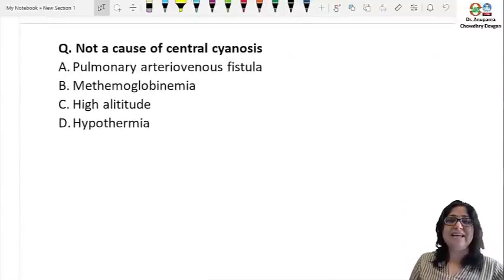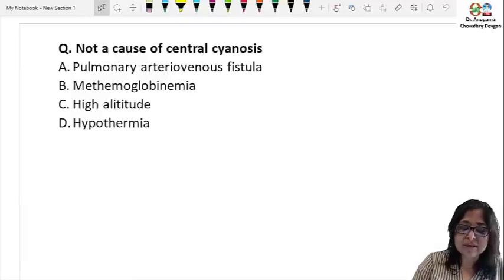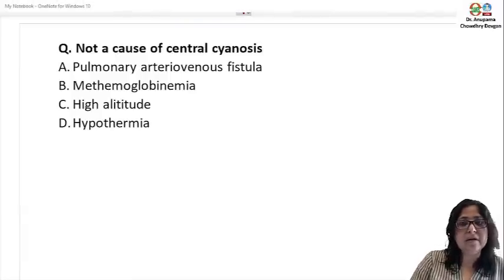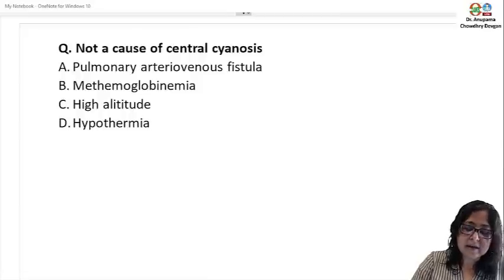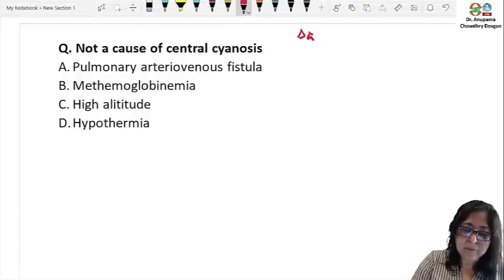Which is not a cause of central cyanosis? Now, central cyanosis will be seen whenever the deoxygenated hemoglobin is increased. Deoxyhemoglobin is more than 5 grams percent. Yes.